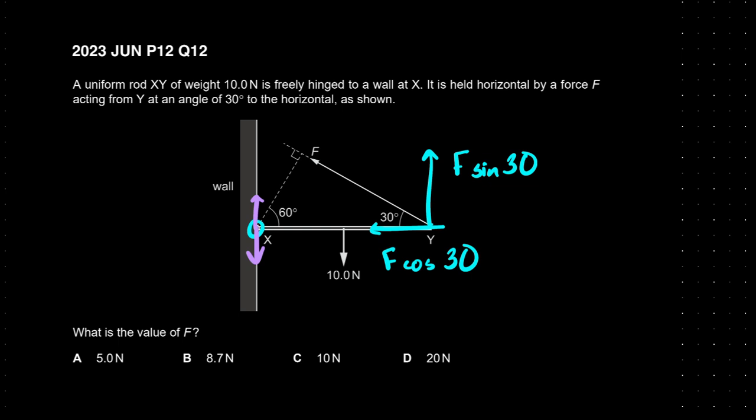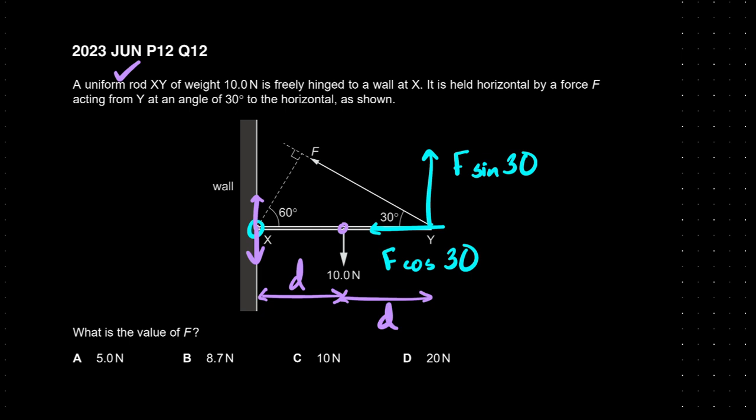With the principle of moments, the idea is that you are not given any distances. And the catch here is that you don't even need those distances. If this is a uniform rod, this means its center of gravity is right in the middle. And this weight is obviously right in the middle, and the force F is acting at the extreme end of this rod. So if I have to mark some distances, I would probably mark this as D and this one as D as well.